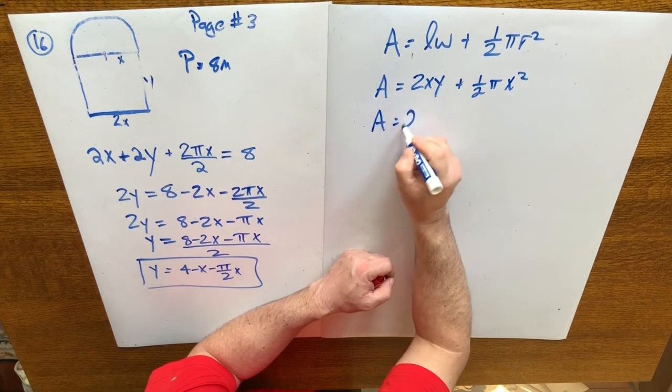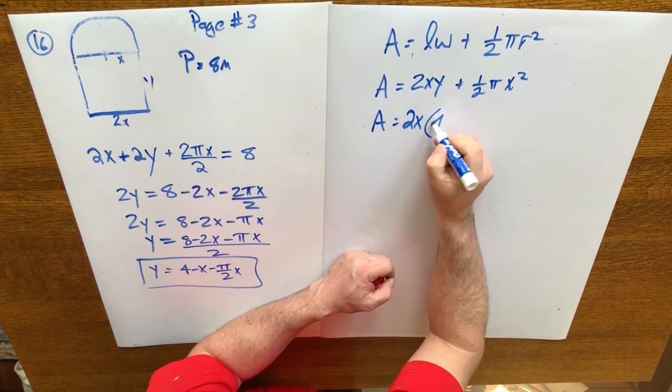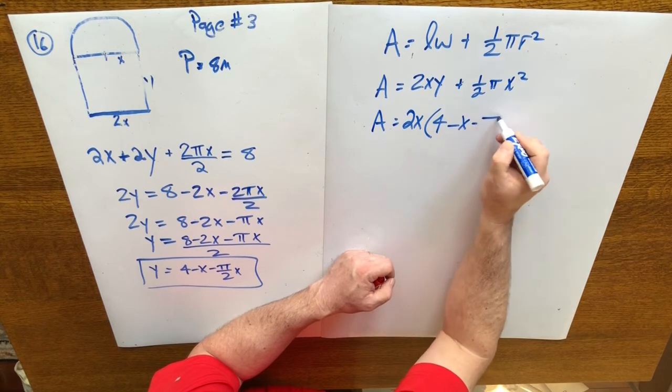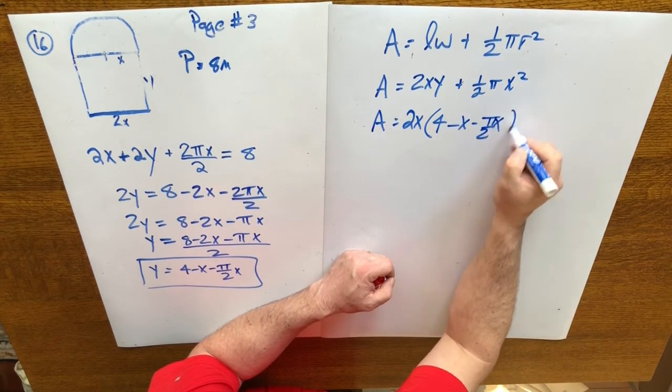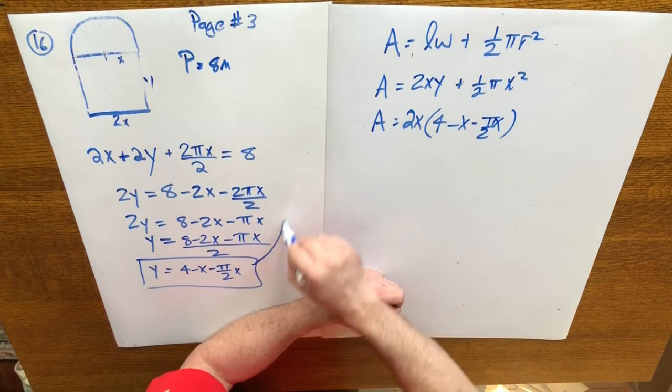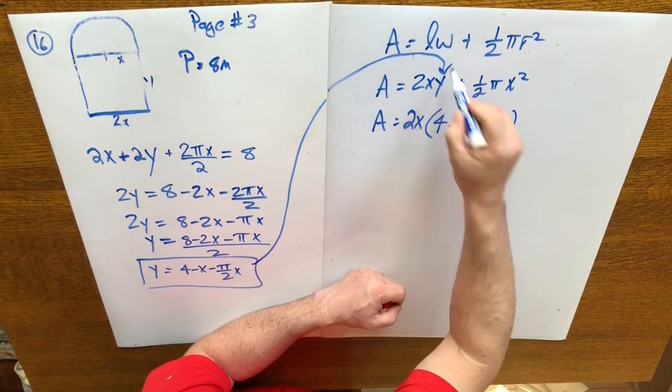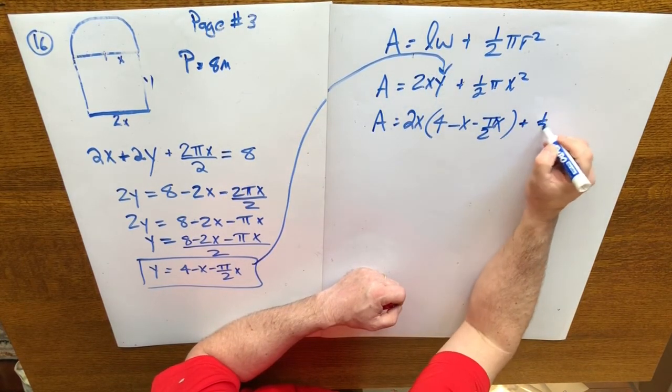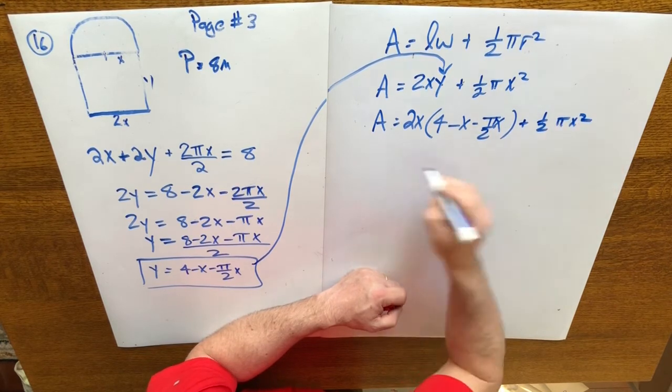So we're going to substitute in 4 minus x minus pi over 2 x in place of y. So we've substituted that right there, plus 1/2 pi x squared.